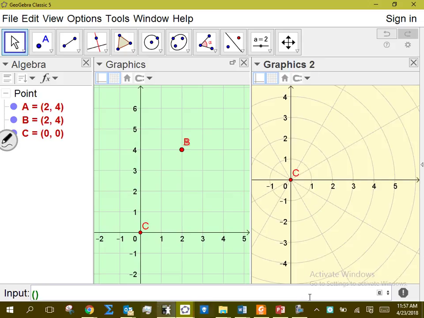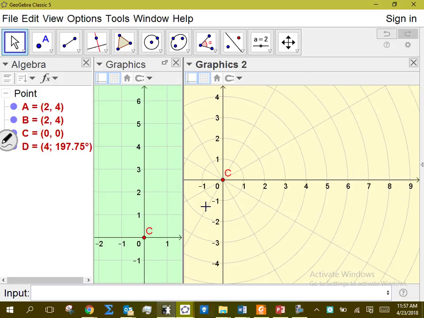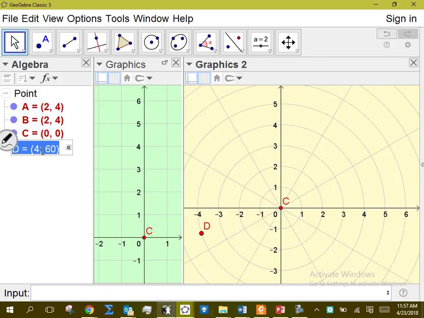Let's say that I type in 4. All right, so (4, 60 degrees) gave me that point D, right?